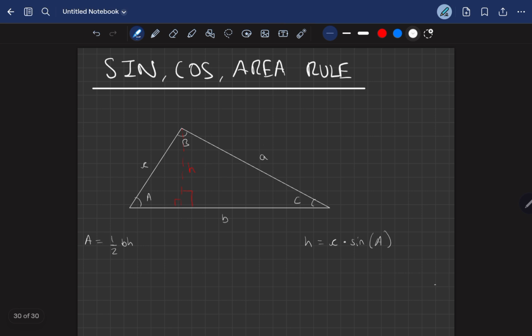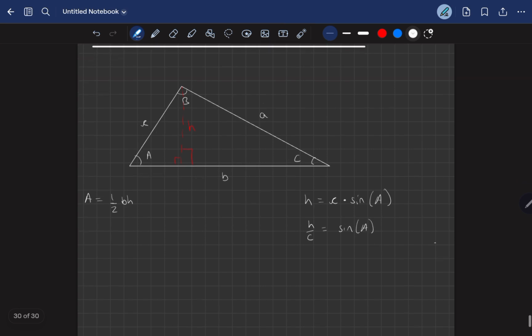H is c times sine a because sine is the opposite over the hypotenuse. So opposite of a is h and the hypotenuse is c. So h over c is equal to sine a. And if I times c to both sides, and this is lowercase c, remember, because it's the side length, you get h is equal to c times sine a.